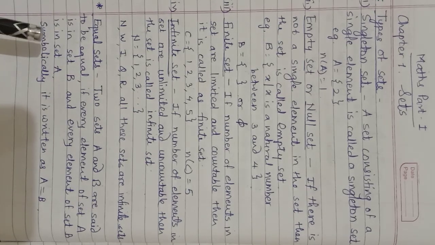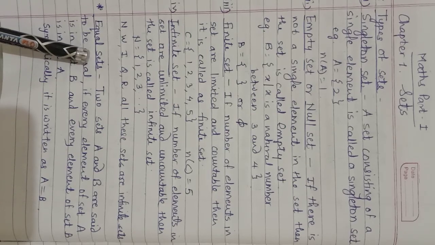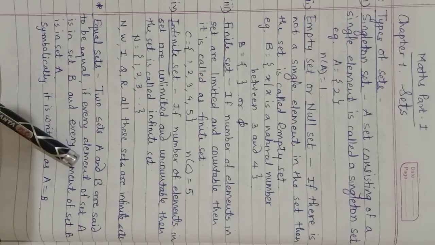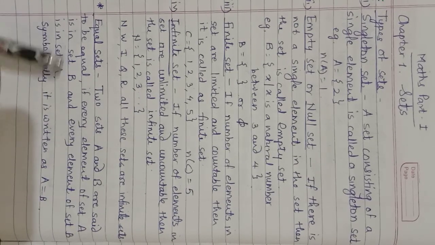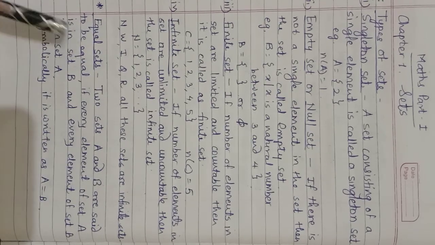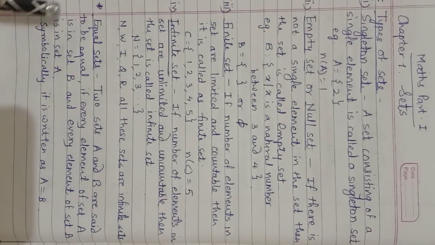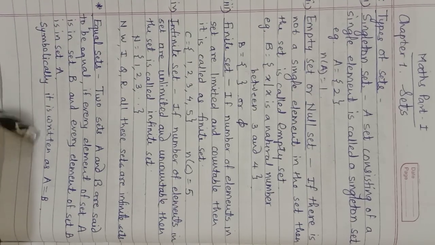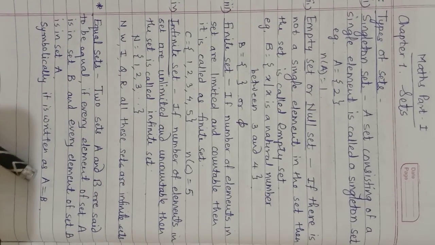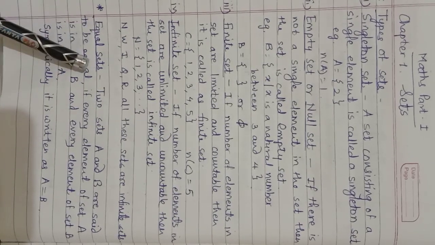Then we take one definition, that is equal sets. What is meant by equal sets? If we consider two sets A and B, and every element of set A is in set B and every element of set B is in set A, then we say sets A and B are equal, and we write A equals B. It means all elements of both the sets are the same, then the sets are called equal sets.